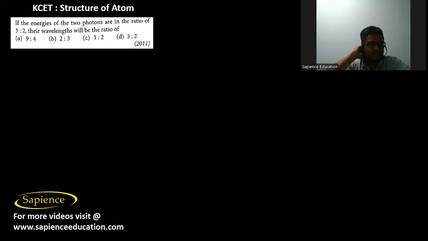Here it is told that if the energies of two photons are in the ratio 3 is to 2, their wavelengths will be in the ratio. Now the energy of a photon is given as hc by lambda.